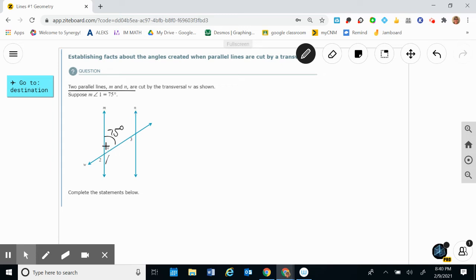So they might say it's a truth statement, which angle 1 and angle blank are alternate interior, okay? So you need to know that 1 and 3 are alternate interior. You also need to know that 3 would be 75 degrees, okay? What is the relationship called between 3 and 2?